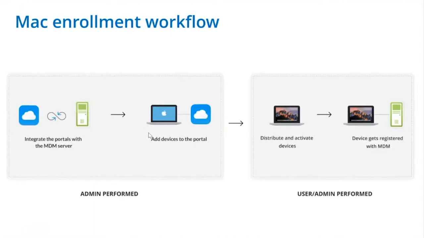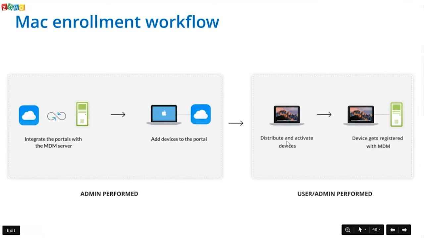Just like autopilot enrollment, we will begin with integrating the ABM portal with the MDM server. Once the customer details are added to the ABM portal, all the devices purchased from the resellers or vendors can be added and mapped to the portal. We can either activate the devices and then distribute them to the employees, or let the users activate the devices themselves.